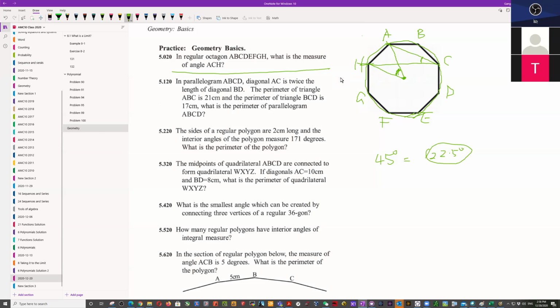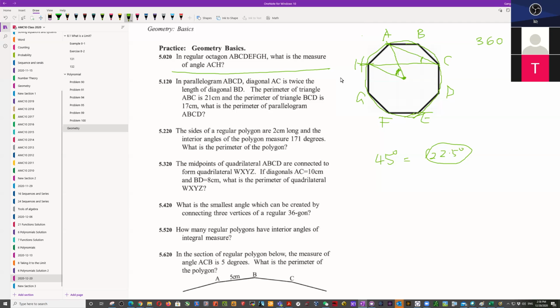Let me do another way without using a circumcircle. Let's try to calculate the exterior angle. I'm not going to calculate the interior angle. It's usually easier to calculate the exterior angle. I know the total of the exterior angles is 360.